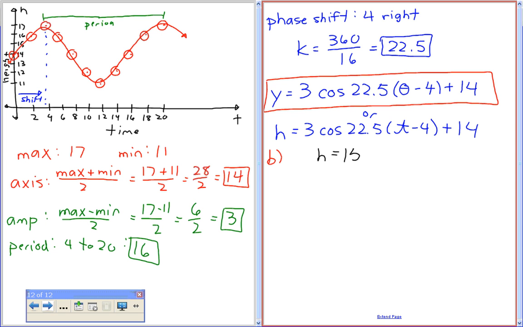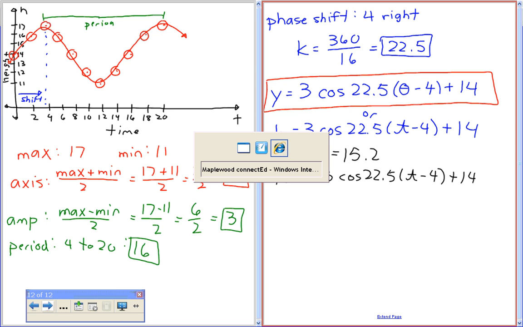If you use the equation with y, you just say 15.2 equals, but again, it's good to do in terms of h and t. So I'm going to say 15.2 equals 3 cos 22.5 t minus 4 plus 14. Okay, and I'm going to hit pause right now.